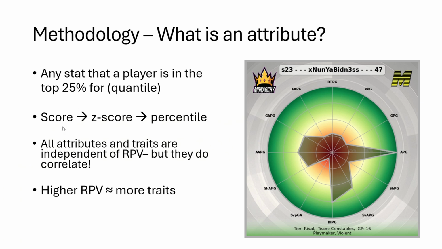Now, how they're plotted and how they're actually assigned the attributes is very slightly different. Like 99% of the time, it's going to match up: if it crosses this line, the 75% line, you'll get the attribute for it. But for some stats, namely demos inflicted and demos taken, the scores are turned into a Z score, which basically determines how far away from the mean it is.